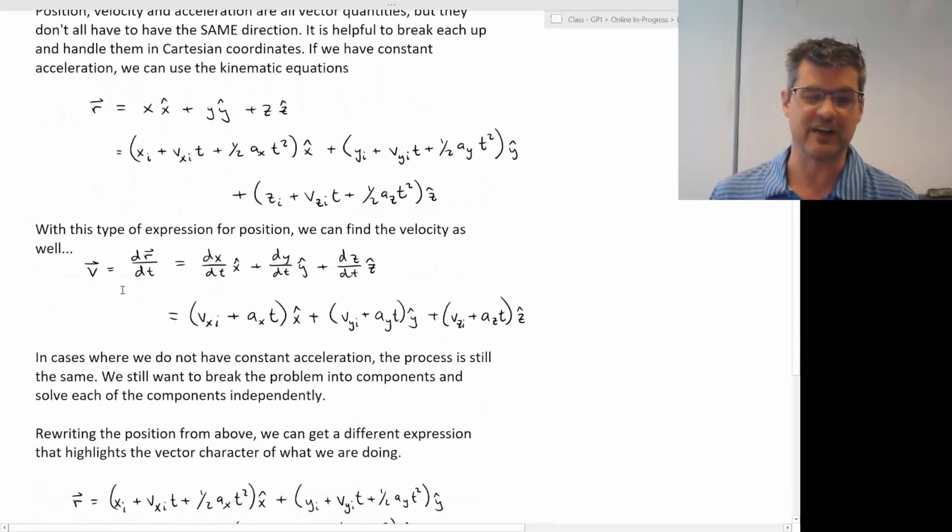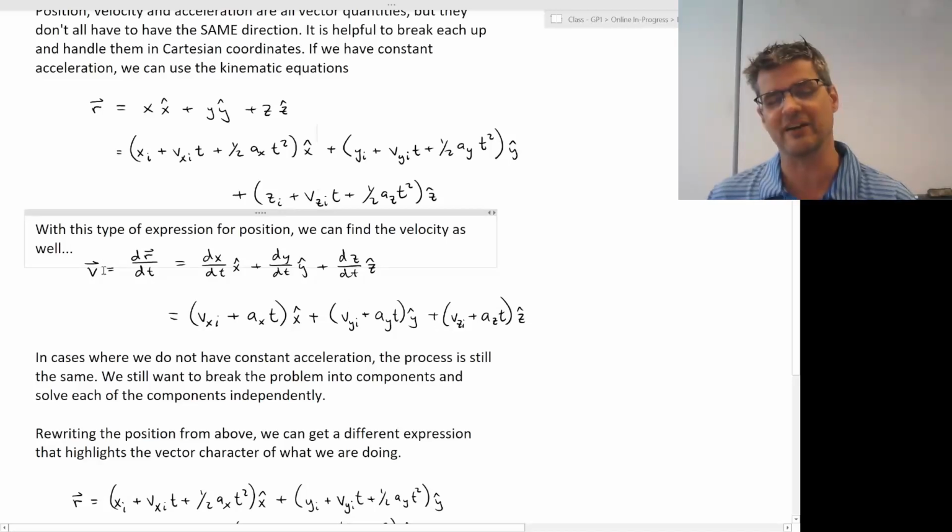And because the velocity is the change in position with respect to time, we can take the derivatives of each of those things with respect to the x, y, and z directions, and we get these terms shown here. So yeah, we can have constant components ax, ay, and az. They don't have to be the same constant. They just have to be constant. And you tell me how time evolves, how fast it was going initially, and I'll tell you what it's going at some later time.